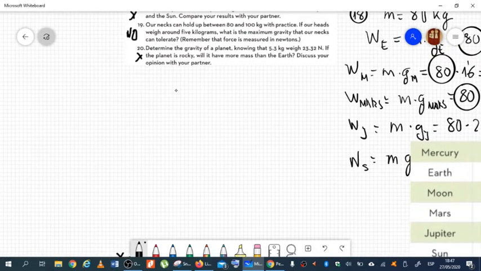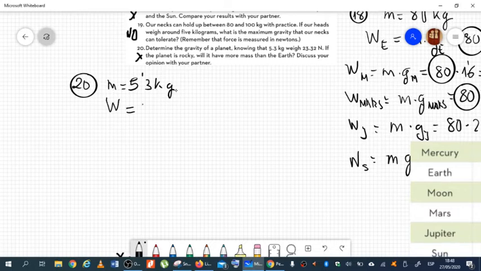Determine the gravity of a planet knowing that a mass of 5.3 kilograms weighs 23.32 newtons.